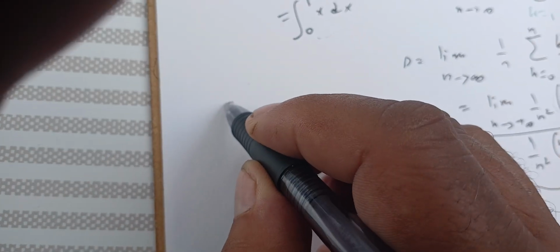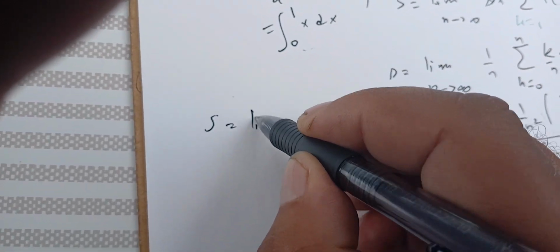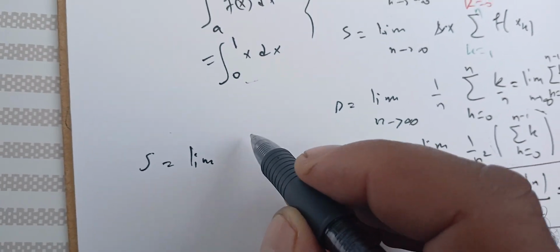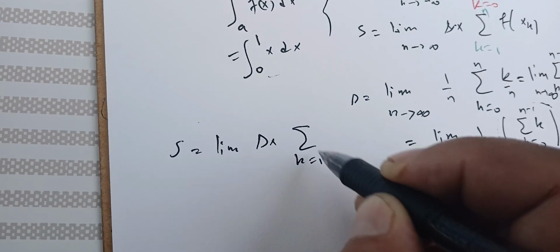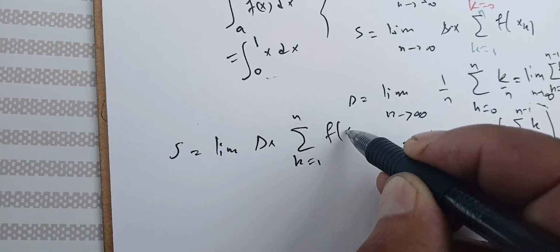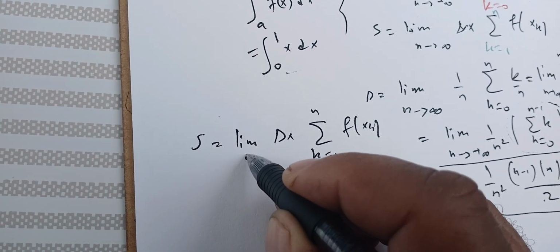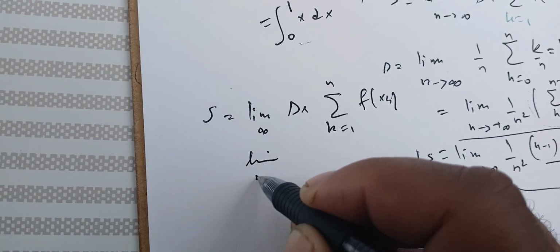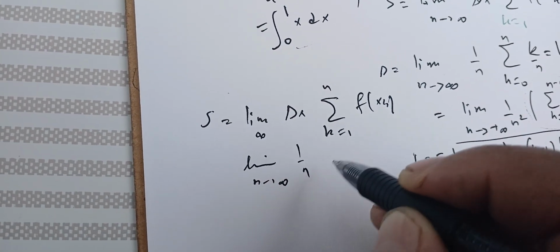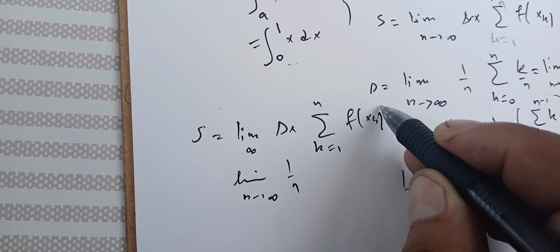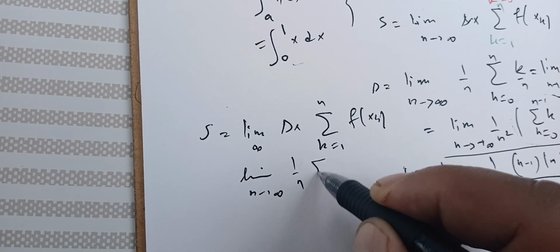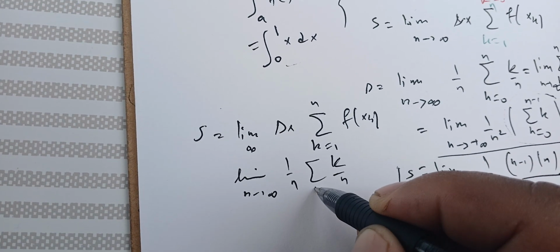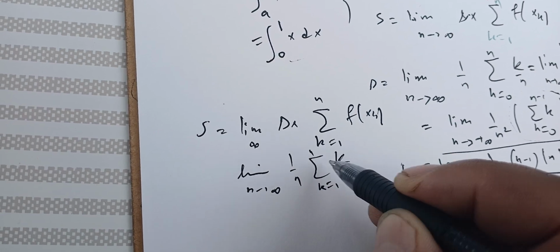Now big S is the limit of delta x times the sum of k going from 1 to n of f of x sub k. As n goes to infinity, we have 1 over n, and again f of x sub k is k over n, so it's going to be the sum of k over n, k going from 1 to n.